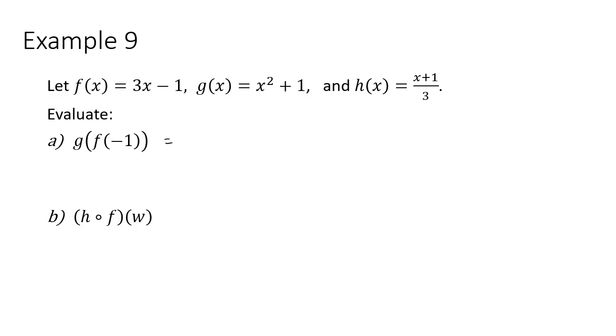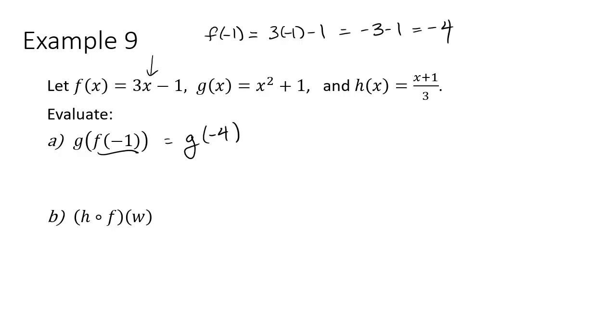All right, well, again, you evaluate from the inside out. So this is g of f of negative 1. Let's start by figuring out what f of negative 1 is. So we plug that in. 3 times negative 1 minus 1. That would be a negative 3 minus 1, or a negative 4. So this is going to be g of negative 4.